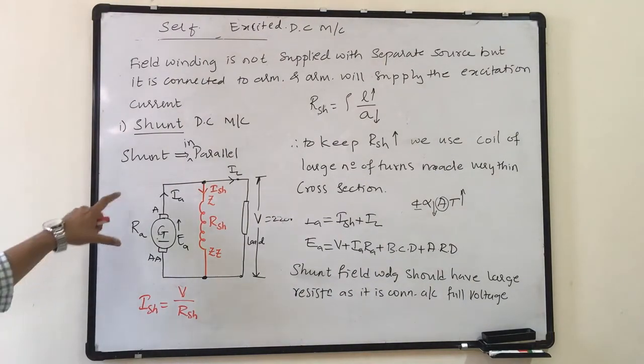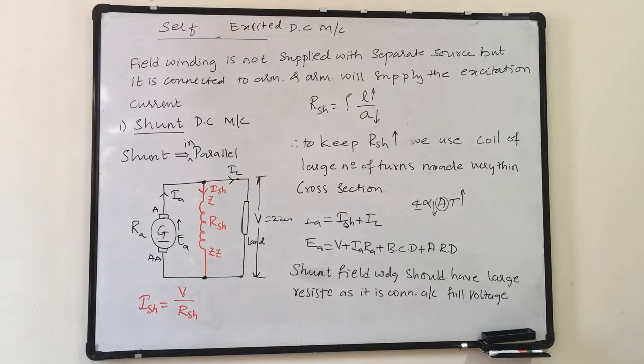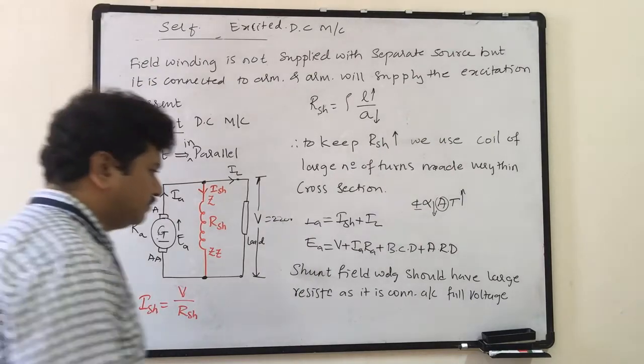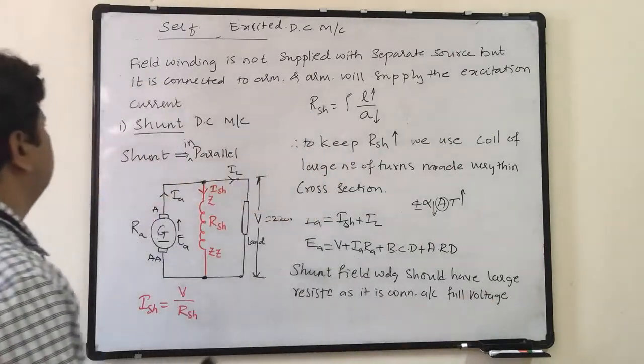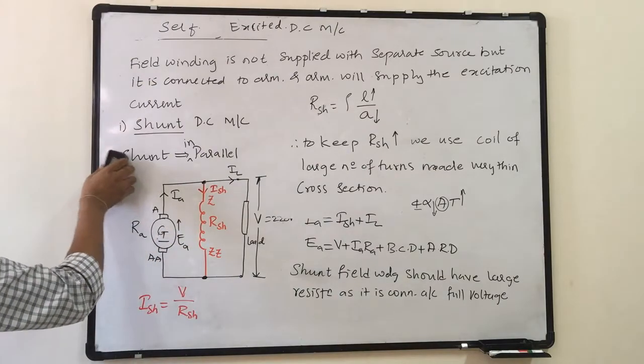Okay. So earlier only I have to decide what type of machine I must be using, whether it is a shunt machine or a series machine. So next is the series DC machine.